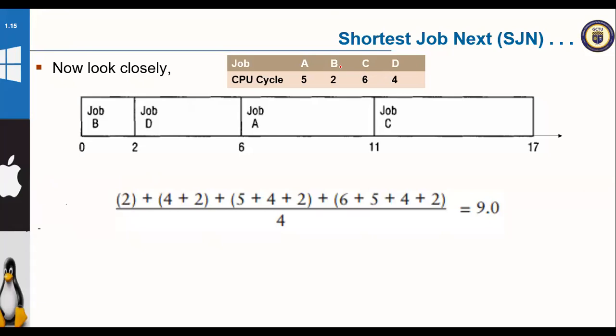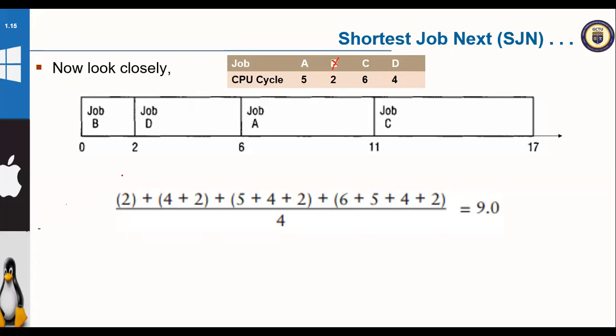The first job was 2, so that is fine for job B. Job D has a CPU cycle of 4, and this was executed after the first job had been executed. The first job took 2, so the next one is 4 of the D plus the 2 that has already been used by B. So 4 plus 2.